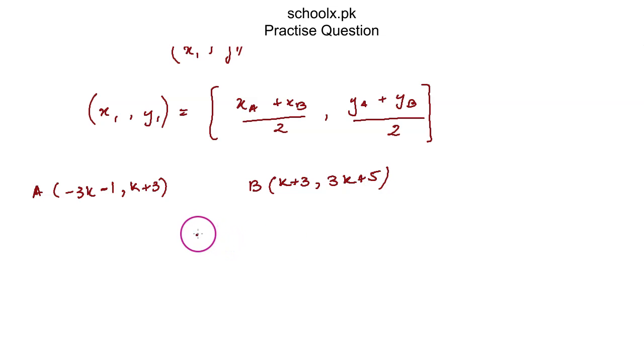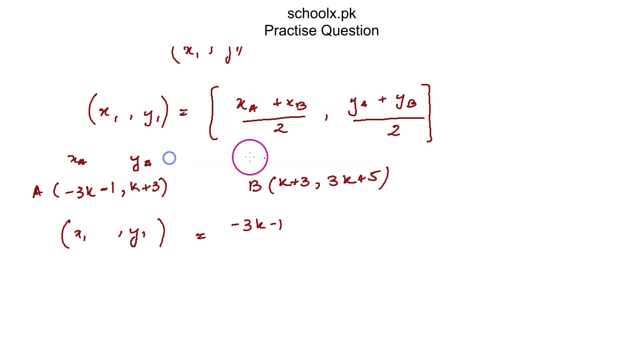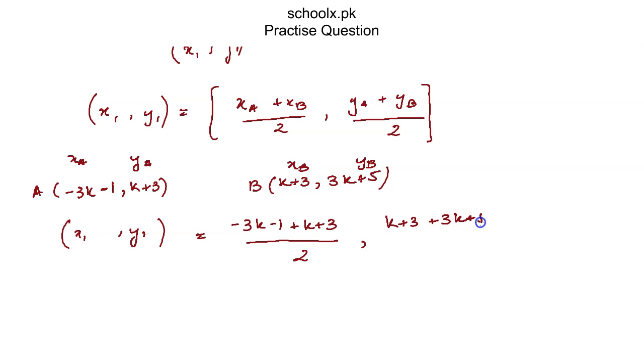So we get x1 as (-3k - 1 + k + 3) over 2, and y1 as (k + 3 + 3k + 5) over 2.